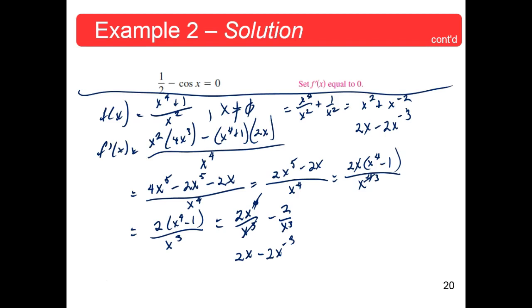Now, it's just whether you like it in this form or like it in that form or want to keep the x cubed in the denominator. I don't know. I don't care really. For calculation purposes, I think it actually is a little better to leave it as 2x minus 2 over x cubed. That's your first derivative. For calculation purposes, I kind of like that a little bit better. Okay?